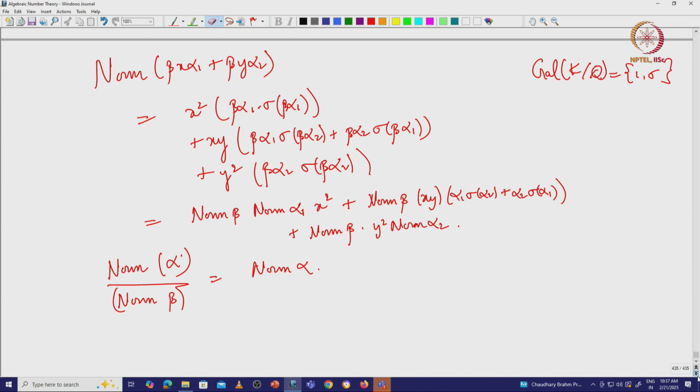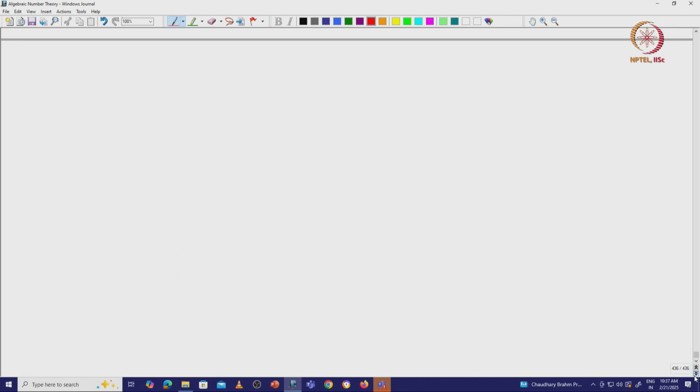So I can then divide by norm of a. I get norm of alpha prime divided by norm of beta times norm of a. This is equal to norm of alpha divided by norm of a, but norm of beta times norm of a is simply norm of beta times a, which is norm of a prime.